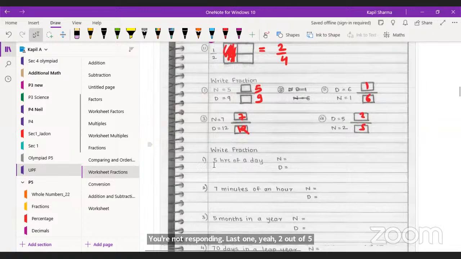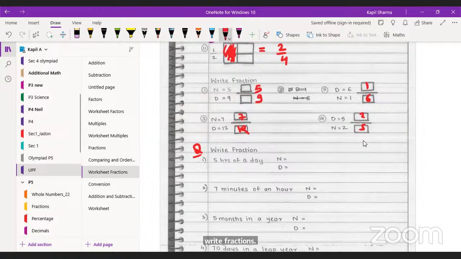Okay, guys, good. Now, in this question, we have to write fractions. So read the statement and try to write a fraction to express this. Okay, Yashika, fine. Others? Parth? Yeah. So 5 hours of a day.